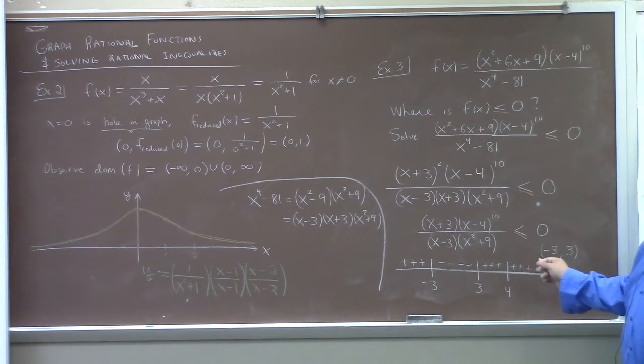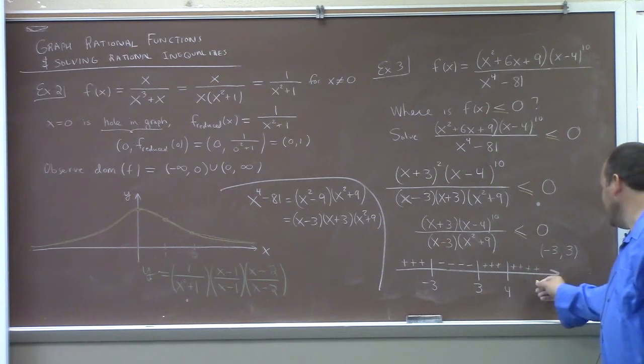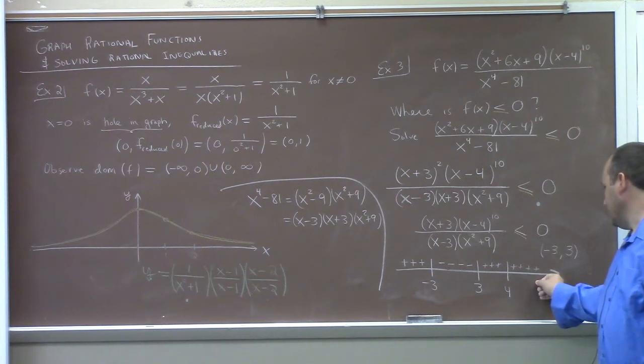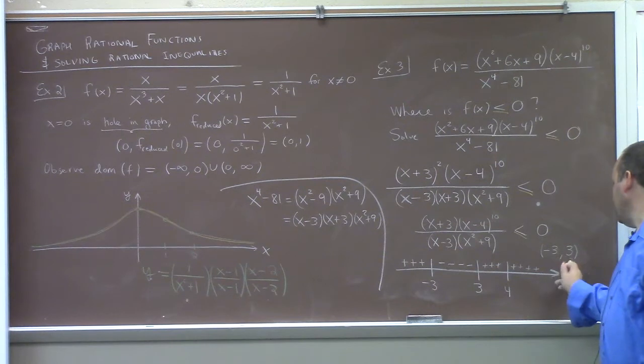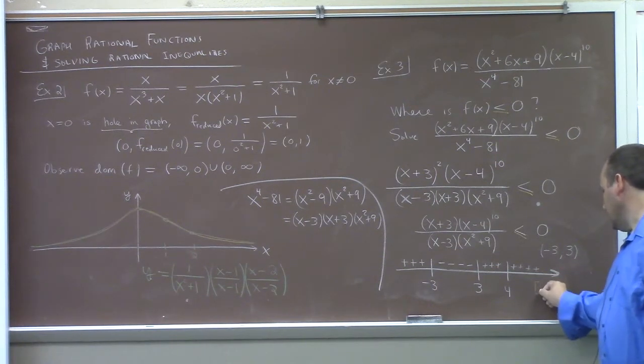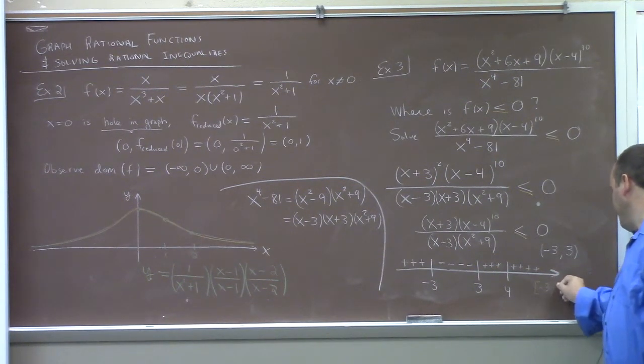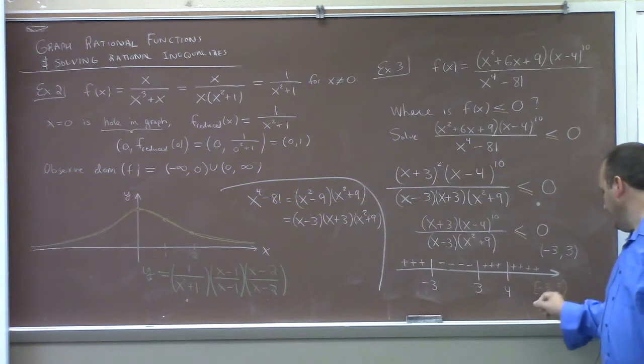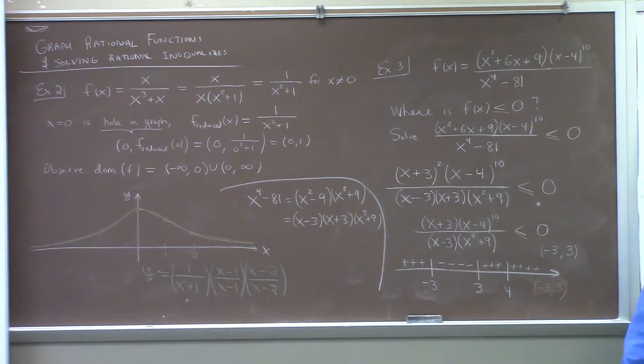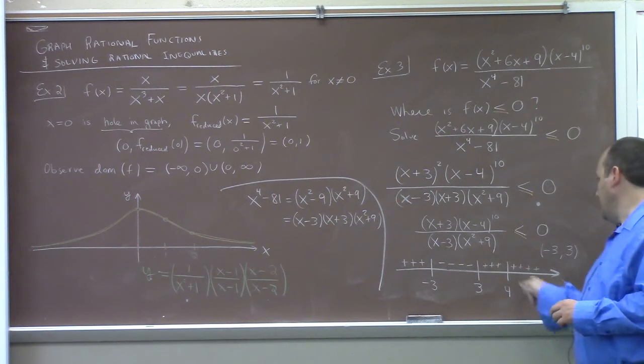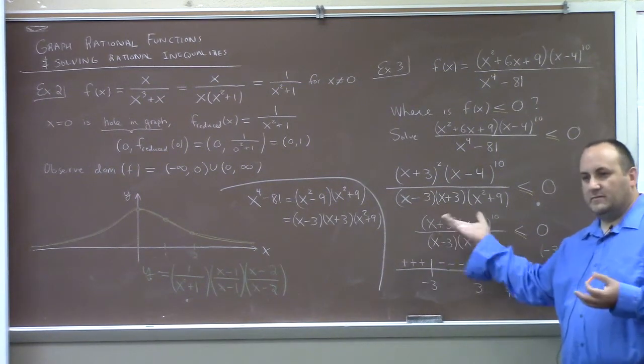Which one was it? 3 is excluded, so the minus 3 is the one that gets thrown in for that case. Just remember, avoid division by 0. Think through it. So it is negative 3, and negative 3 is allowed. If I plug in minus 3, I get 0 up here.